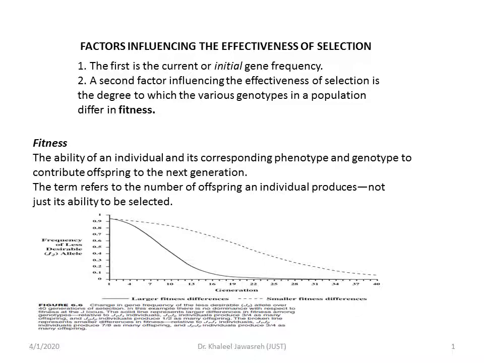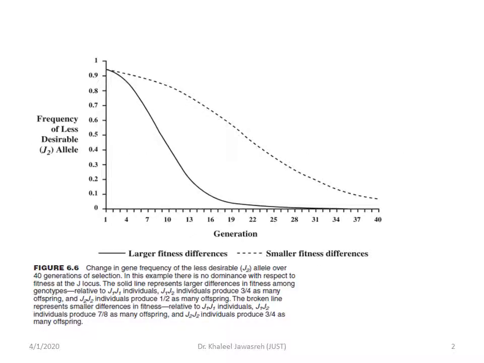In this figure, the vertical axis shows 40 generations of selection, and the horizontal axis shows the frequency of the less favorable allele, which is J2. J2 is the second allele and J1 is the first allele. Imagine, as we discussed in class, that we have A capital and A small, and now we have J1 and J2. J2 is the less favorable allele.